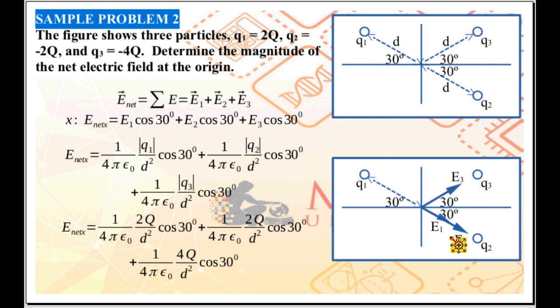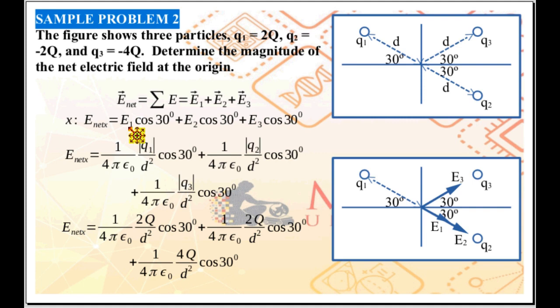E2, the x component of E2 is positive x direction adjacent to 30 degrees. So, plus E2 cosine 30 degrees. On the other hand, E3 is in this direction. X component is positive direction adjacent to 30 degrees. So, plus E3 cosine 30 degrees.